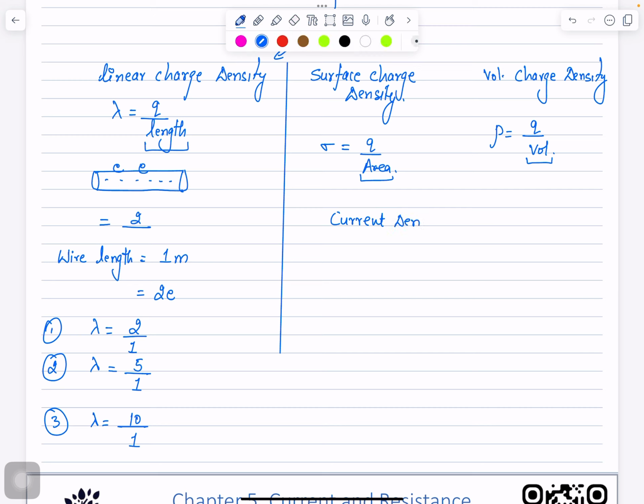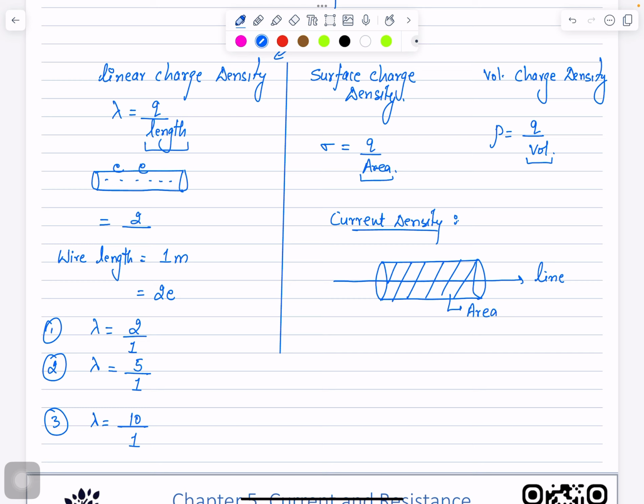In current density, we are learning inside the wire. And we are not taking only a line. This is your line, but we are covering the whole area. What are we covering? Area.